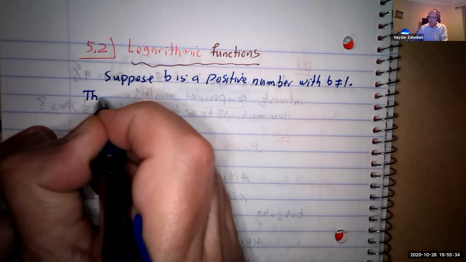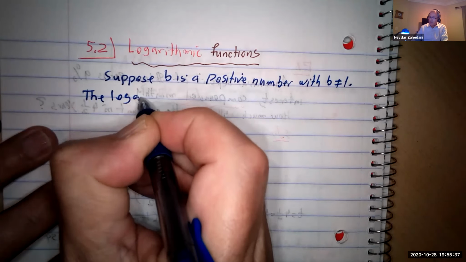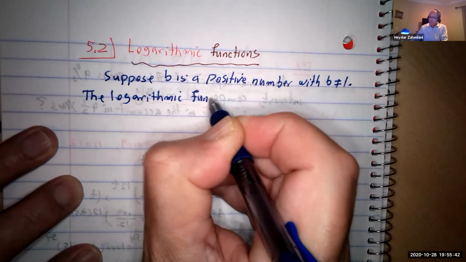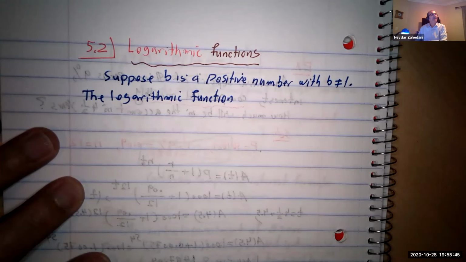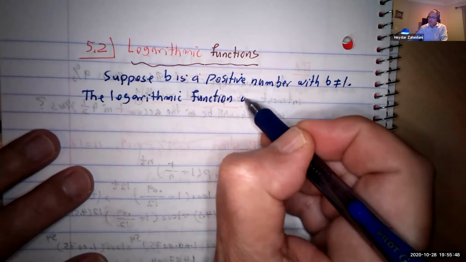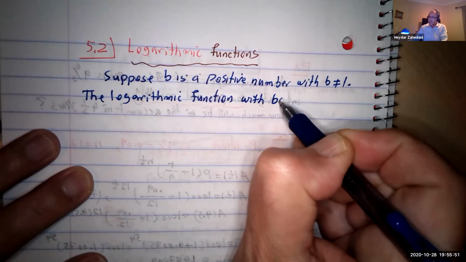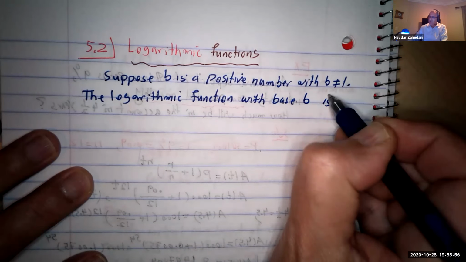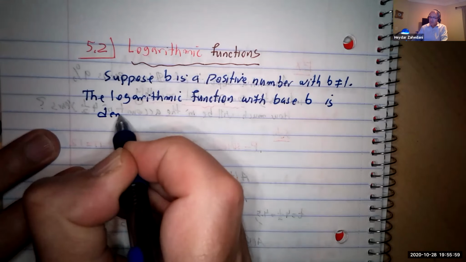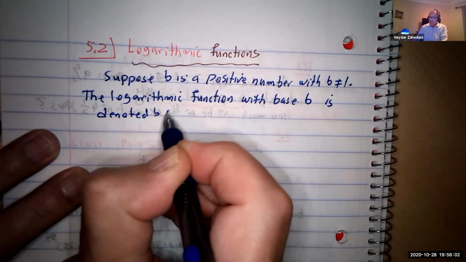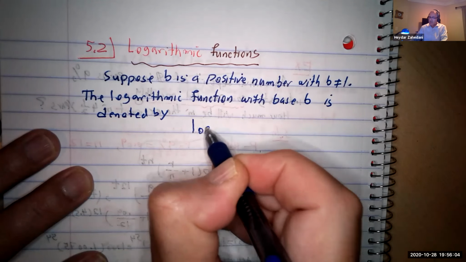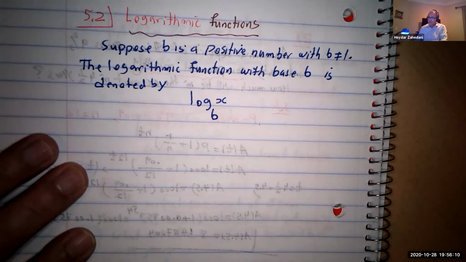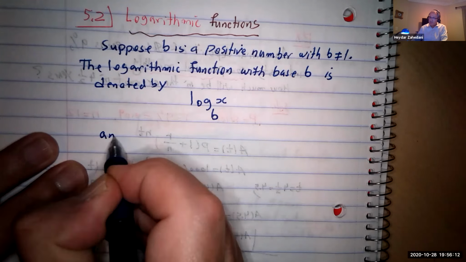The logarithm, or the log function with base b, is denoted by log of x with base b, and is defined to be the inverse of the exponential function.